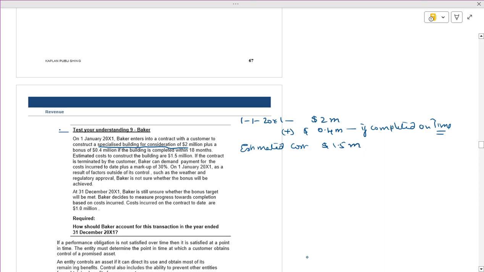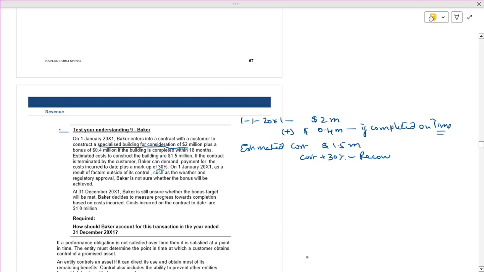If the contract is terminated by the customer, Baker can demand a payment for the cost incurred to date plus 30%.